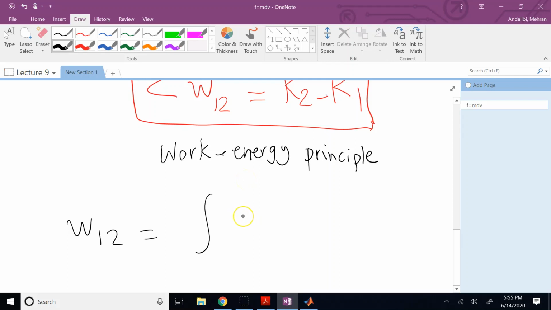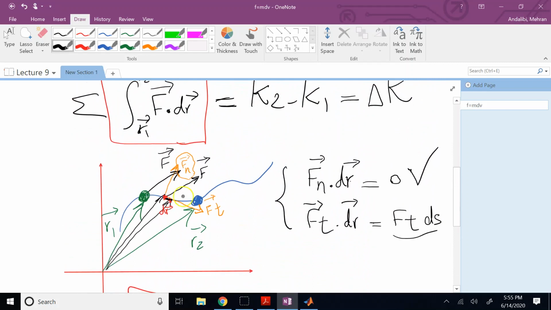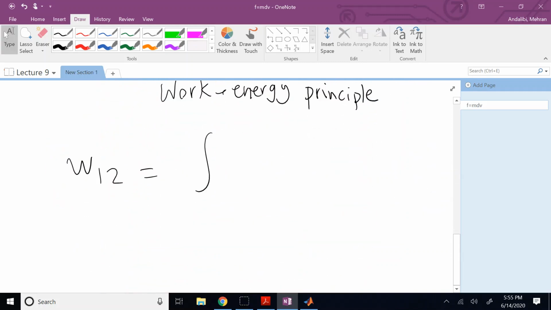And F and dr are in general not along the same line. They have an angle between them, and we might call this angle theta. You see here, that's dr, that's F. If I call this angle theta, then F dot dr is just going to be F times dr times cosine of theta. And here I can say summation F, the sum of all the forces, and this goes from R1 to R2.